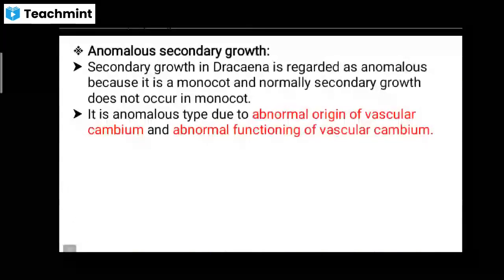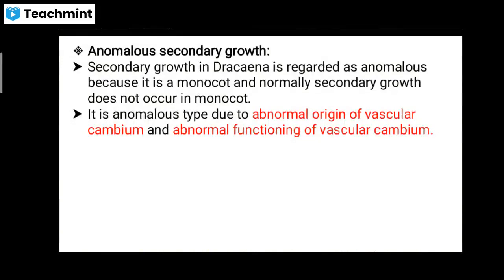Then after the primary growth, the plant shows secondary growth. Secondary growth in Dracaena is regarded as anomalous because it is a monocot, and normally secondary growth does not occur in monocot.